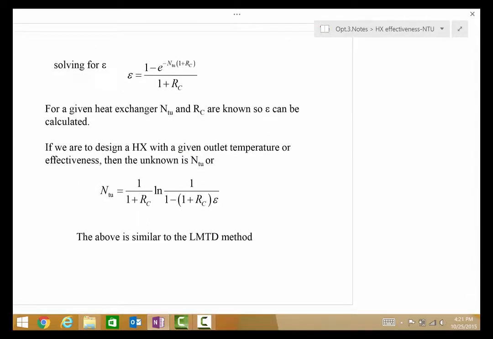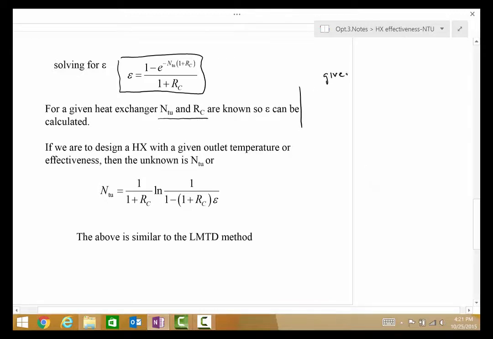Solving for epsilon, we find that epsilon is just in terms of the number of transfer units and the capacity ratio. For a given heat exchanger with known size, which is the number of transfer units, and this capacity ratio, we know epsilon. If we know epsilon, and we know the inlet temperatures, we know the outlet temperatures.